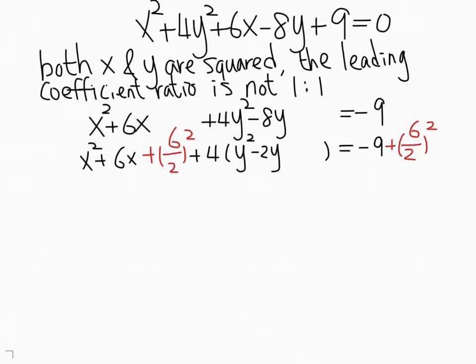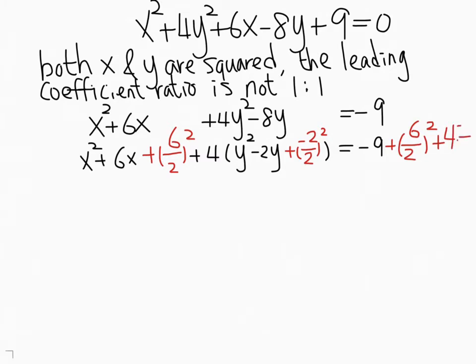How about the y? I factor out the 4 from the y terms. So I have y squared minus 2y plus, again, take the linear term coefficient, divide by 2, then square it. So what am I actually adding there? Don't forget, it's inside the parentheses, so you will have to multiply that number by 4.